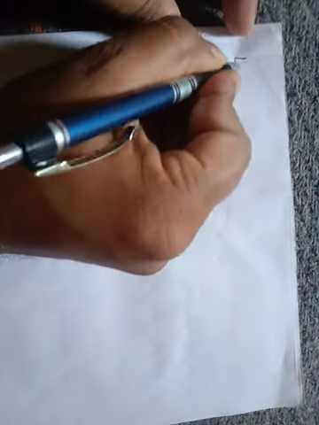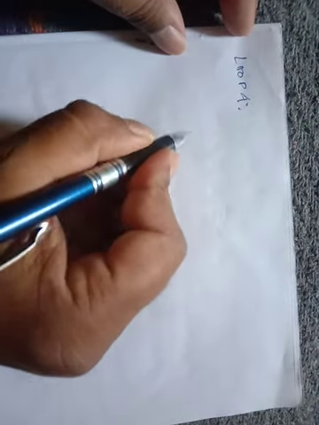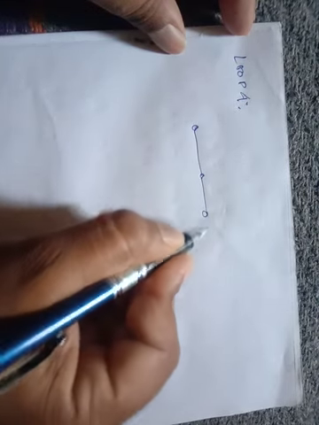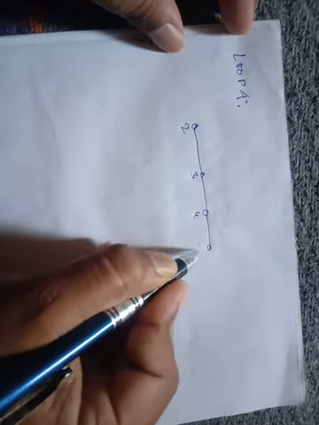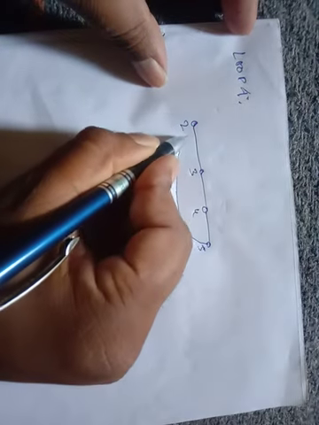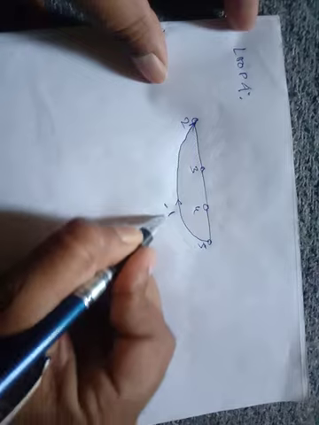Loop 4 goes through nodes 2, 3, 4, 5. Node 5 is connected back to node 2 and the feedback path is -1.